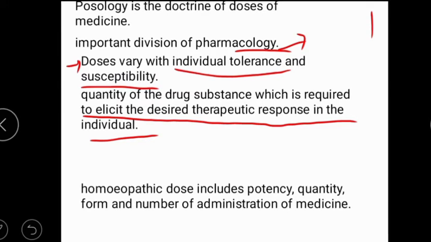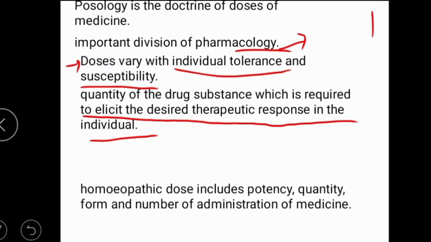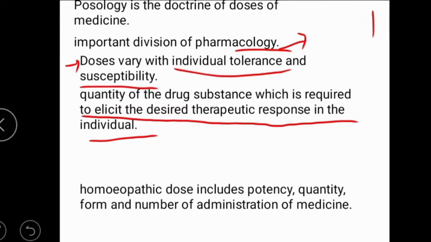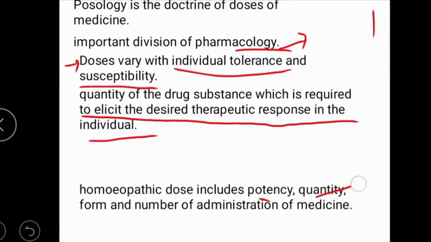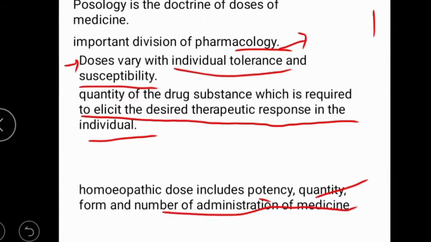This is general about any medical science, but homeopathy deals with the dosage according to potency, quantity and the number of administrations of the medicine.